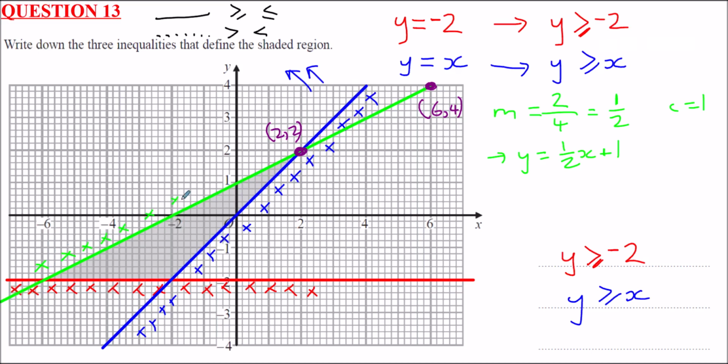We want y to be underneath this green line. So actually what we're wanting here is y to be less than or equal to a half x plus 1. So the final inequality is y is less than or equal to half of an x added to 1. That's question 13 done. That was quite tricky, I think, but that's what we need to do to secure the marks.